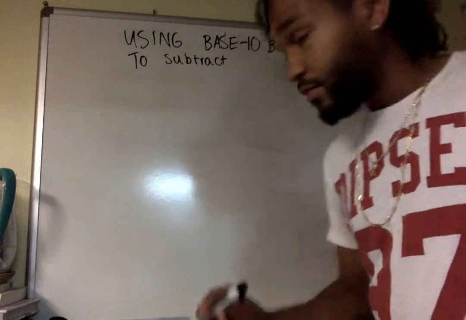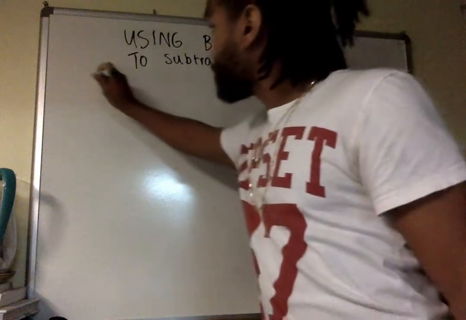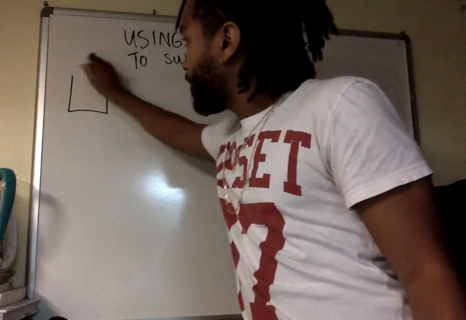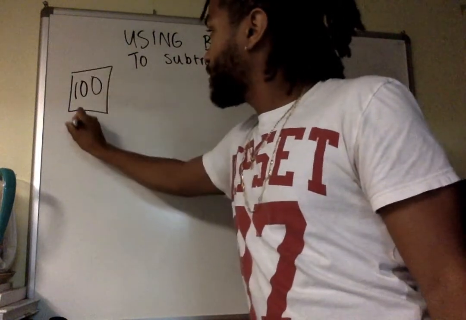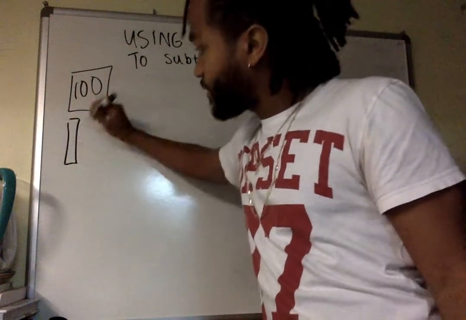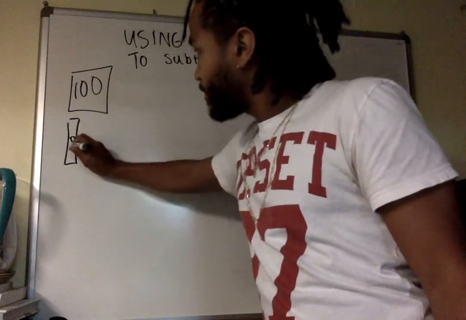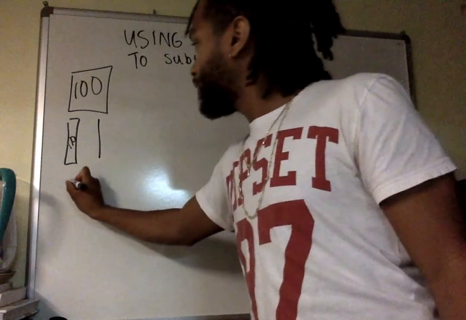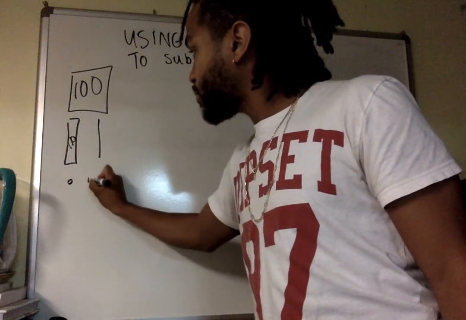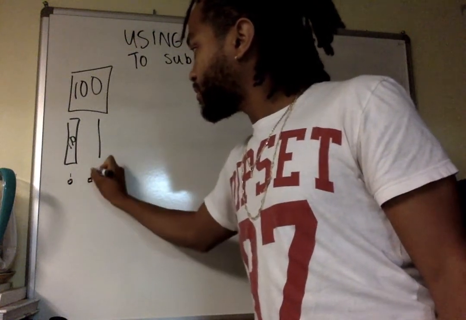If you're not, parents, this is what it looks like. You may see a large square like that represents 100. You see a rectangle, this represents a 10. Some kids just put a line, and then either a circle or a small square represents 1.